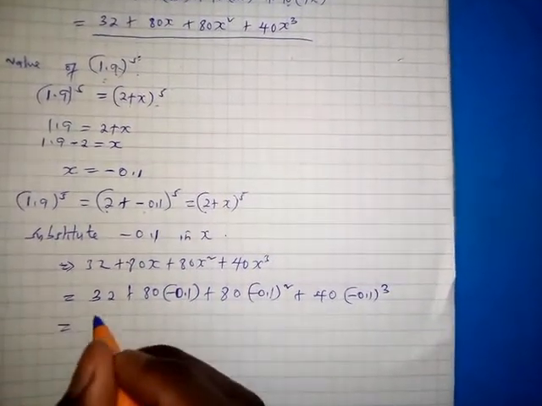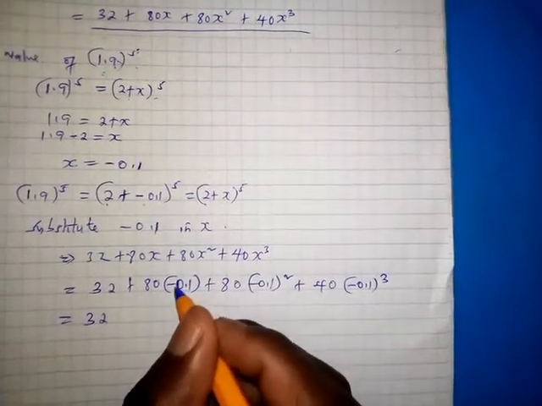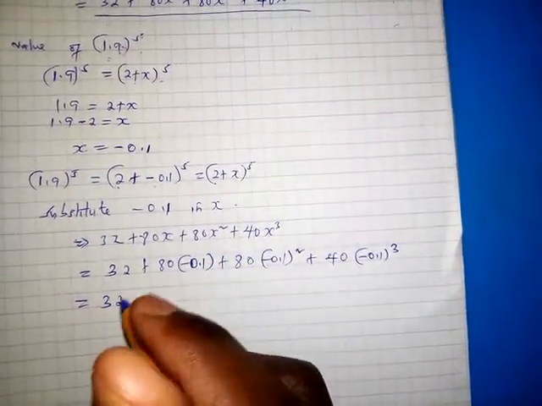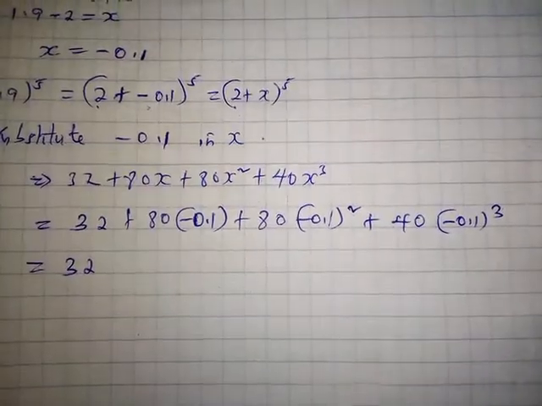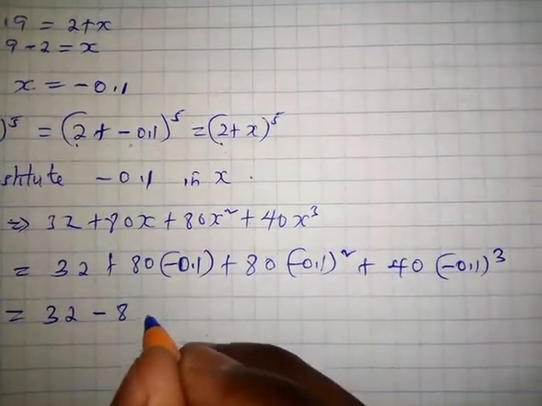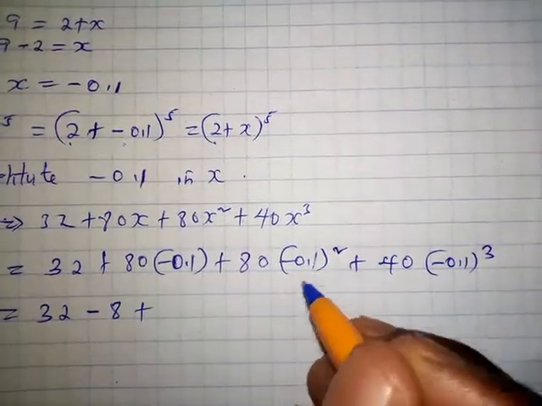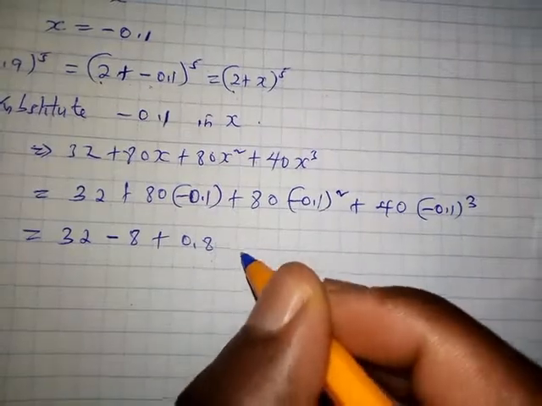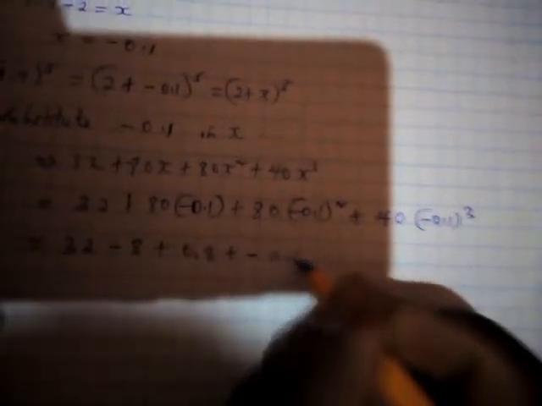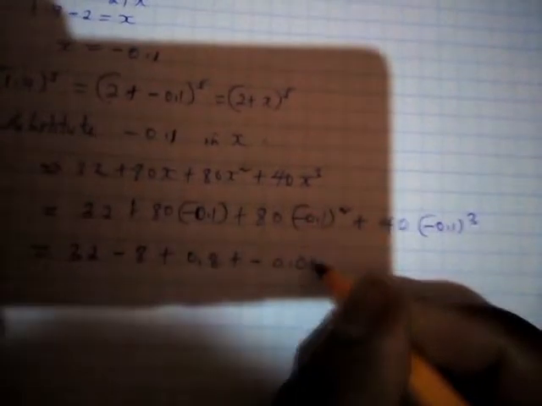So this will be 32, then negative 0.1 times 80 is minus 8, plus, remember, negative 0.1 squared is 0.01, times 80 is plus 0.8, plus 40 times negative 0.001 is negative 0.04, and the answer becomes 24.76. That's the answer, 24.76.